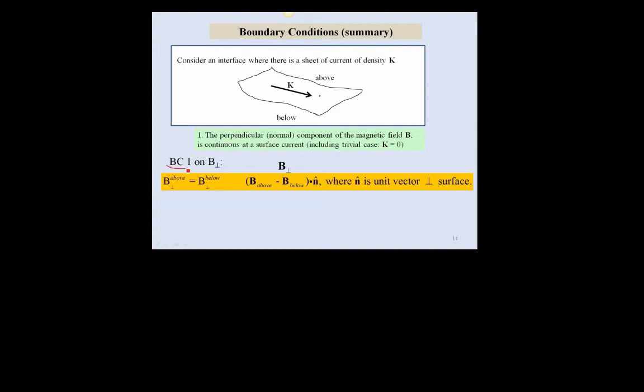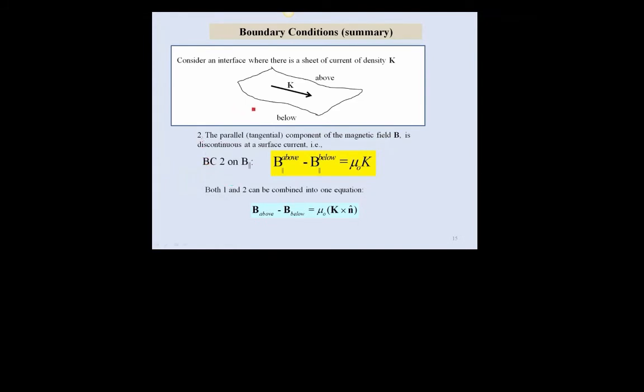The boundary condition 1 on B perpendicular is that we have B above, B below, perpendicular, perpendicular are equal. Sometimes we write it like this, where we take B above minus B below and then dot it into the normal vector n hat, where n hat is a unit vector perpendicular to the surface. These are equivalent because when you take the dot product you end up with a perpendicular component.